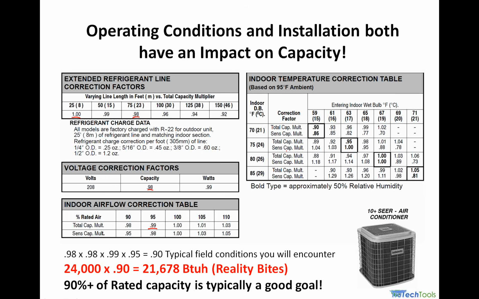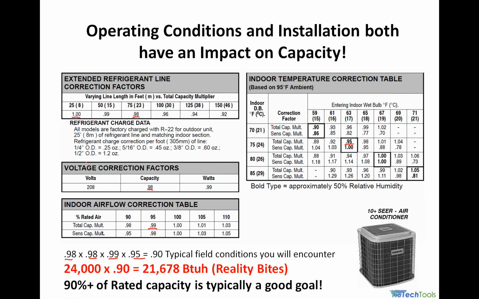And then if we're testing this piece of equipment and it's 95 degrees outside, but we're at a 63-degree indoor wet bulb temperature, right, and 75-degree dry bulb, again, we're going to be at 0.95, okay? When you multiply those together here, 0.98 times 0.98 times 0.99 times 0.95, we actually get 0.90, which is very typical for field conditions.